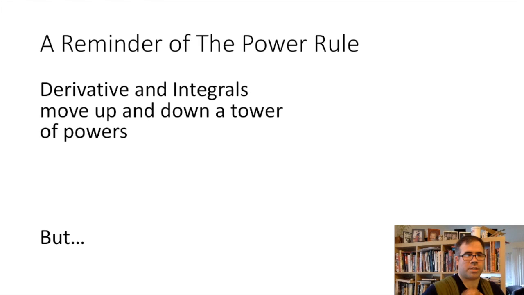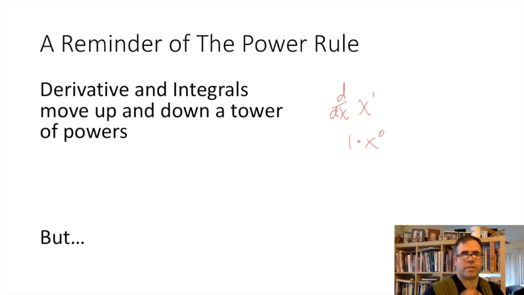All right, so a reminder, we have the power rule. The idea of the power rule is if you have some power, like x to the first, and you take the derivative of it, the power comes down, and then you subtract 1 from the power.